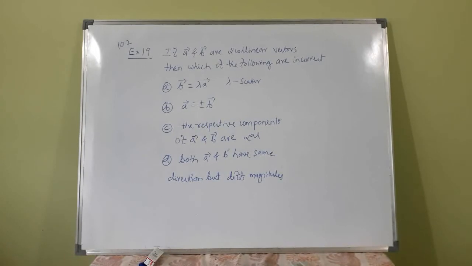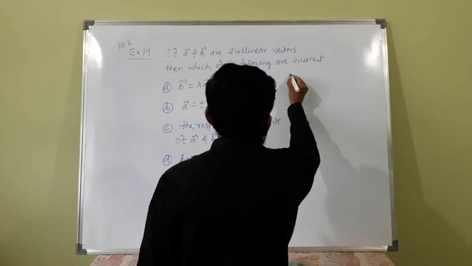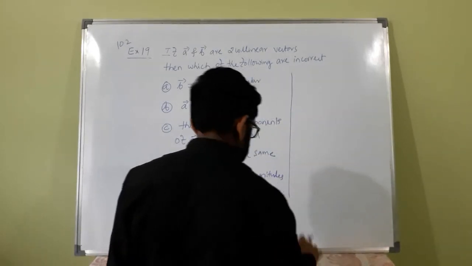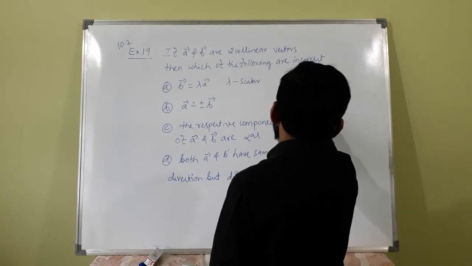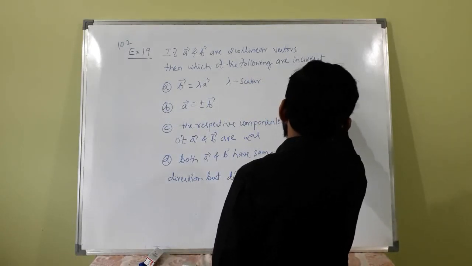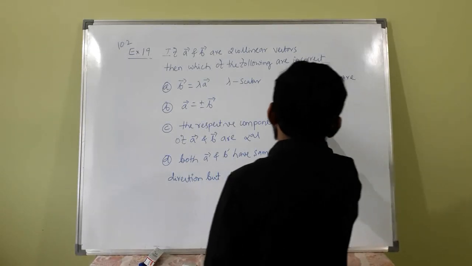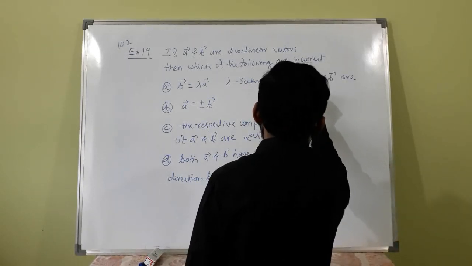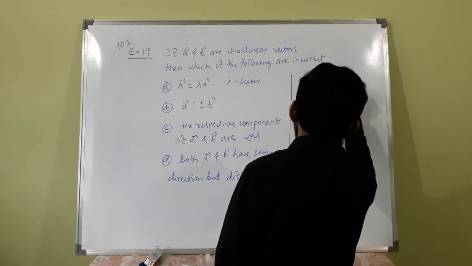If A and B are two collinear vectors, then which of the following are incorrect? Okay, before that, if A and B are collinear, what is the condition? Collinear or parallel.